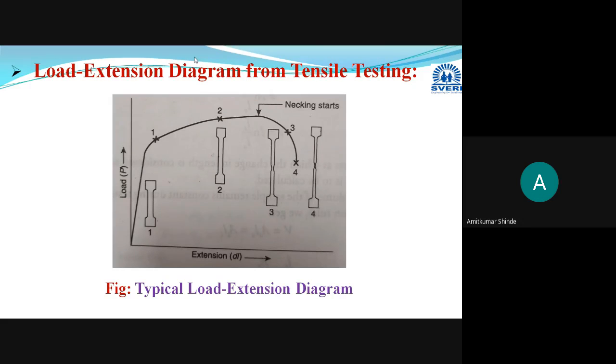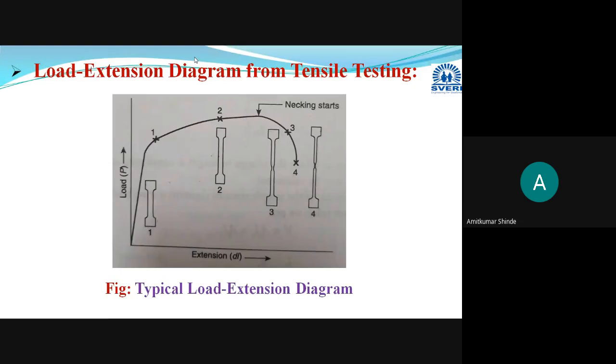Then you increase the load by 10 kg, so the net load becomes 20 kg, and the net change in length is, suppose, 3 millimeter. But the increased load is 10 kg in the second step and the change in length is 2 millimeter. For that particular increased 10 kg, a 2 millimeter change in length is occurring.